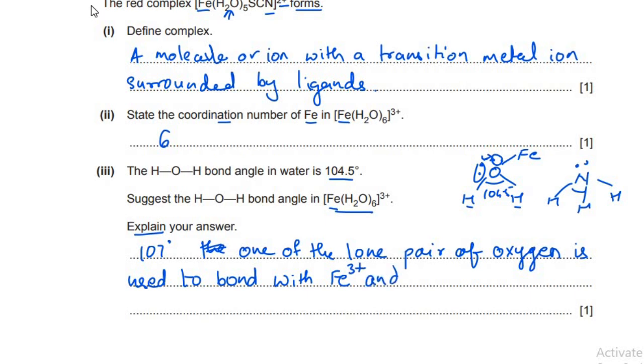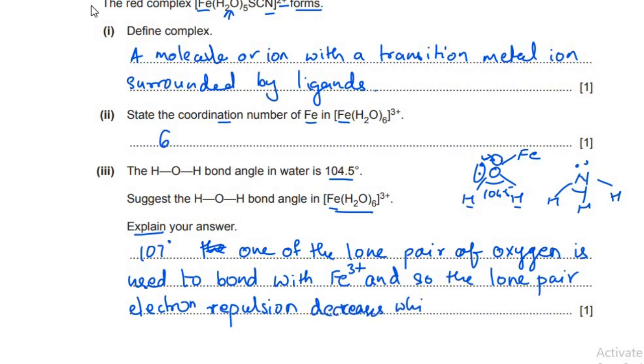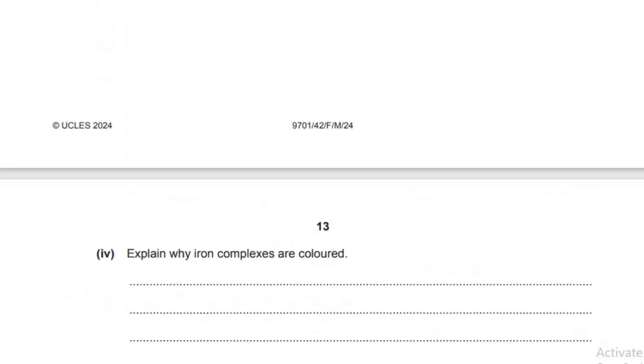And so the lone pair electron repulsion decreases, which increases the angle of the water molecule. And so this is the explanation about it. Let's go ahead with the next part.